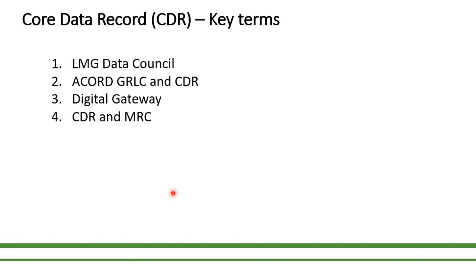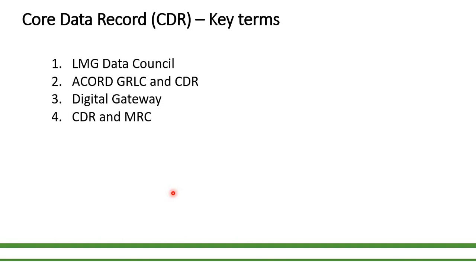It's the main governing body for CDR, and along with CDR, the Data Council is also ensuring the data standard as per Accord GRLC, facilitating computable contracts, and taking care of APIs. Sheila Cameron, the CEO of LMA, is also heading the Data Council.